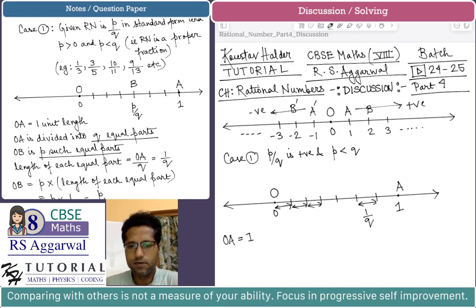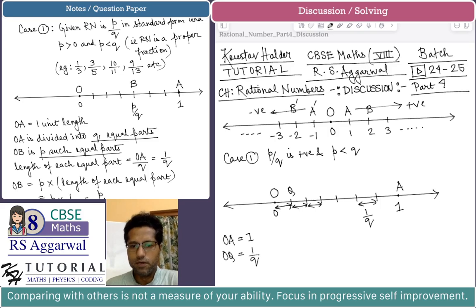Let's say if this is a point Q, then the distance OQ will be 1 by q, because we have divided the segment OA into q equal parts, and OQ is one such equal part, so the distance of OQ will be 1 by q.